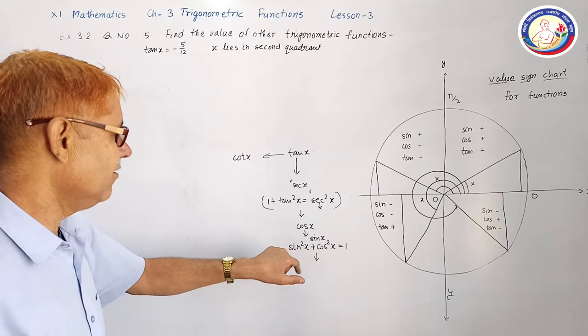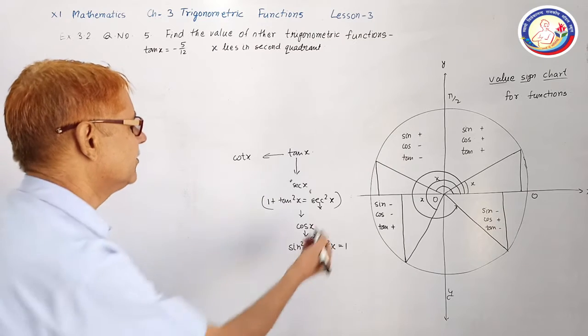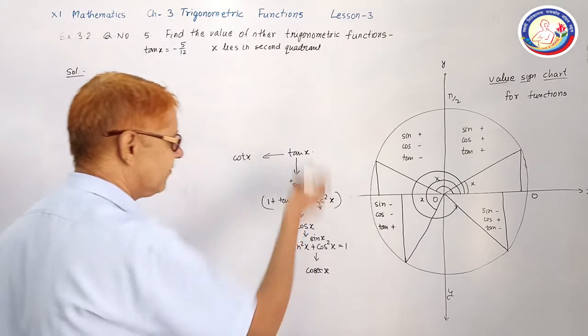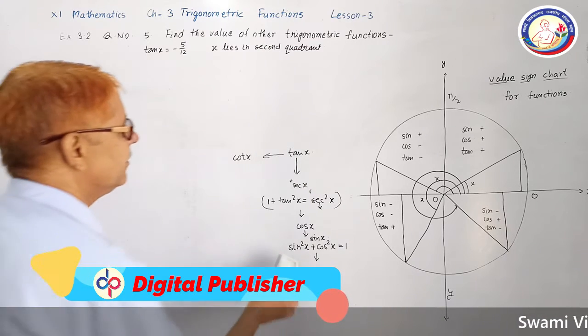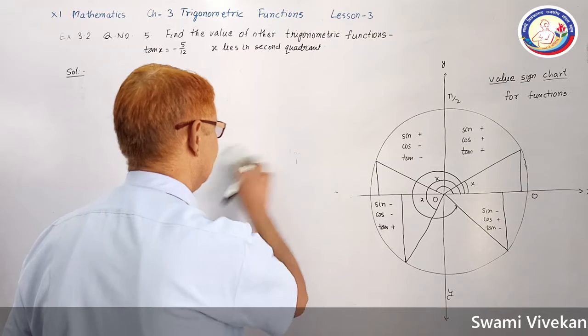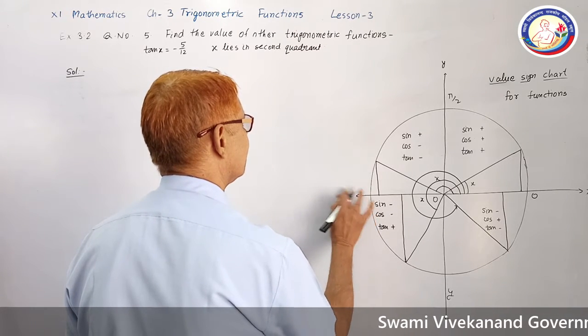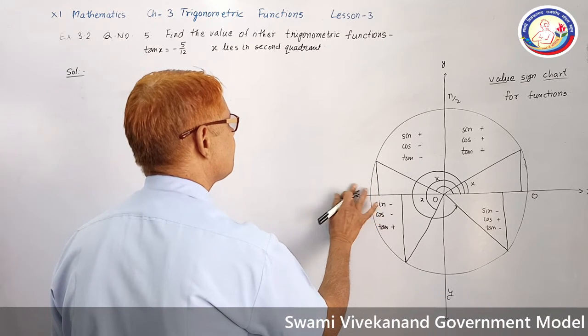And if cos x is known, we can find value of sin x, and then from sin x we can find the value of cosec x. This is the flow chart. So proceed according to this, we will find the value of different trigonometrical functions easily.